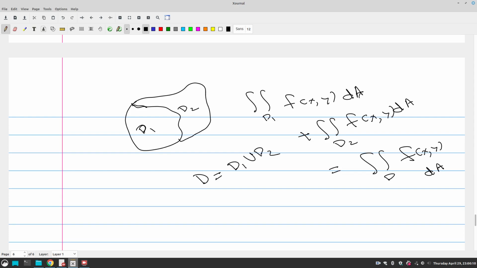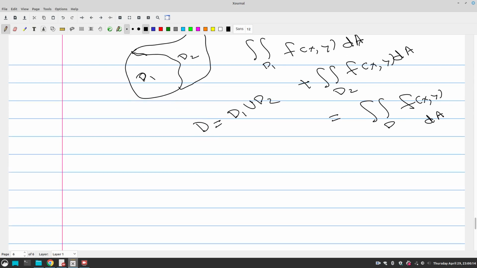Okay, so this is similar to the property of single variable integrals, so you have the integral from a to b of f(x) dx plus the integral from b to c of f(x) dx equals the integral from a to c of f(x) dx.